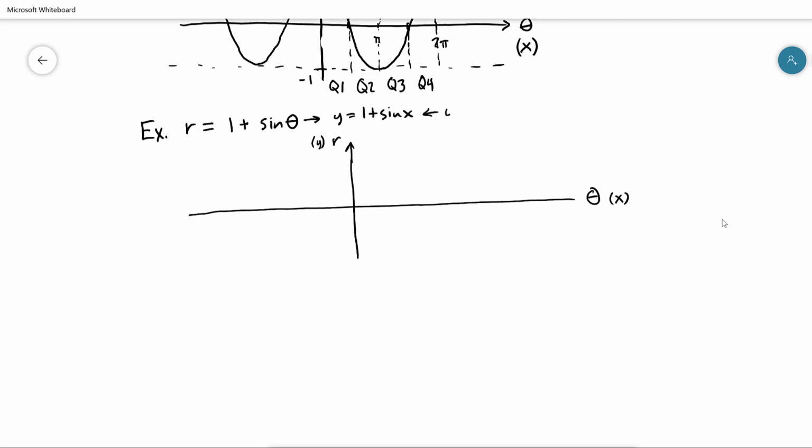This is something you should know how to graph. We've dealt with much harder ones than this. So I've got a sine function, but it's being transformed. All that's changing is it's being shifted up 1.